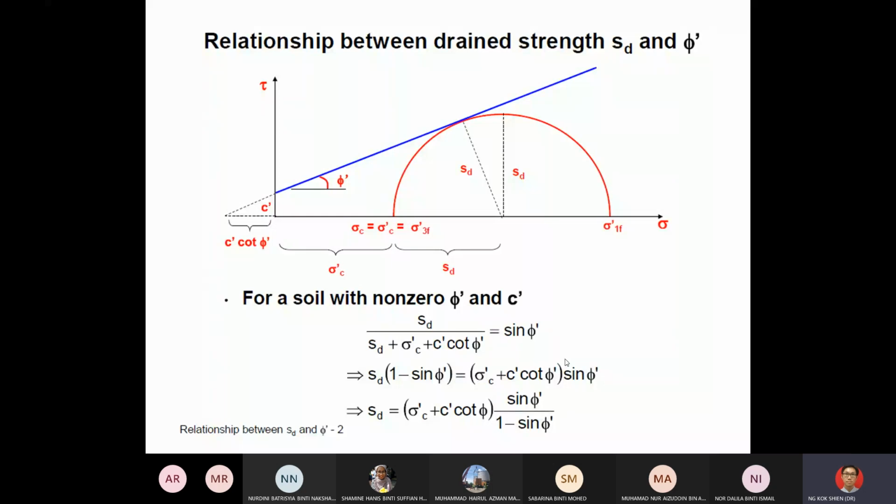When we talk about sand, normally the strength that we get is drained strength, meaning that there is no pore water pressure built up when the soil is subjected to loading. Undrained means that the soil is subject to very fast loading. Loading is applied fast, and then there is excess pore water pressure built up. Then that's undrained strength.